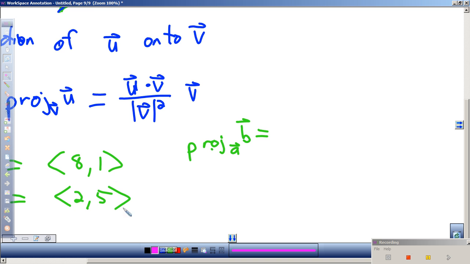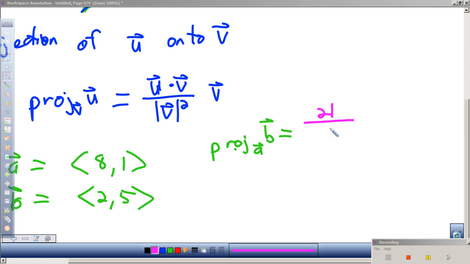Okay, so 16 plus 5, 21. Divide by 65. So we did A squared, the 65. So why is it 65 instead of root 65? Yeah, squares. That's the common mistake people make, they'll put root 65 and forget the square. And we multiply that times 8, 1.